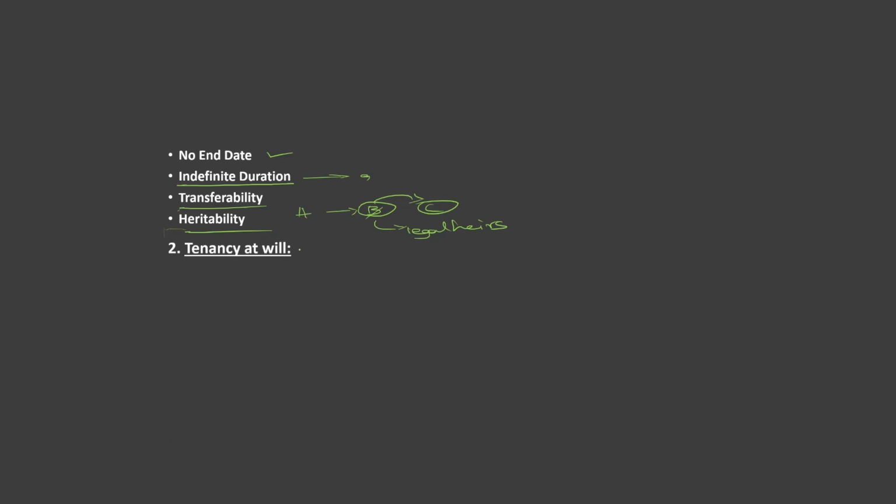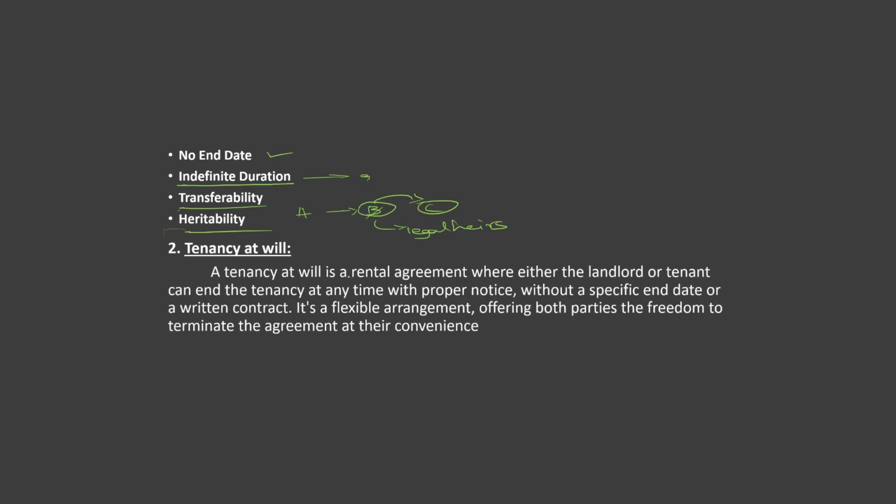Next is tenancy at will. A tenancy at will is a rental agreement where either the landlord or tenant can end the tenancy at any time without proper notice, without a specific end date or a written contract. It's a flexible arrangement offering both the parties, that means the lessor and the lessee, freedom to terminate the agreement at their convenience.